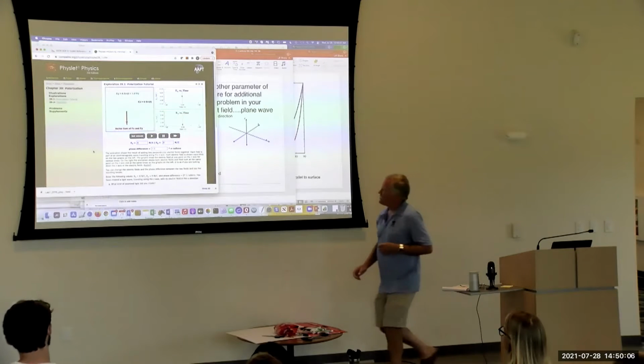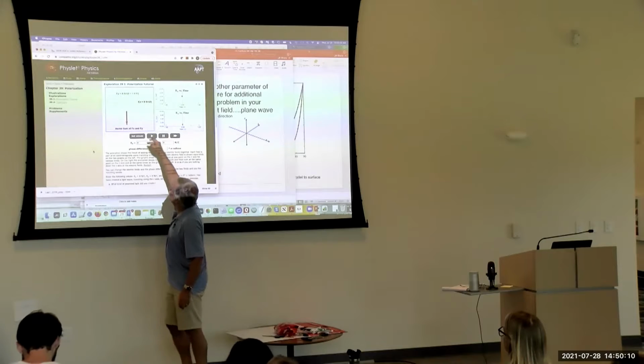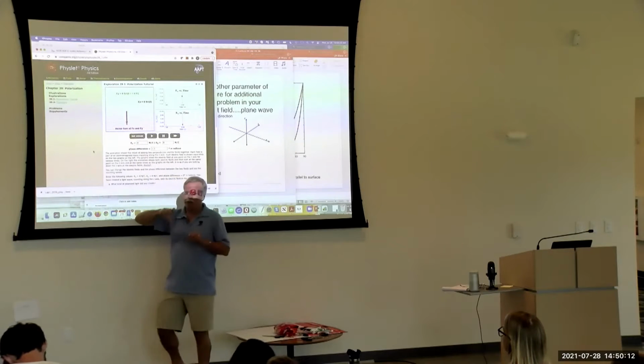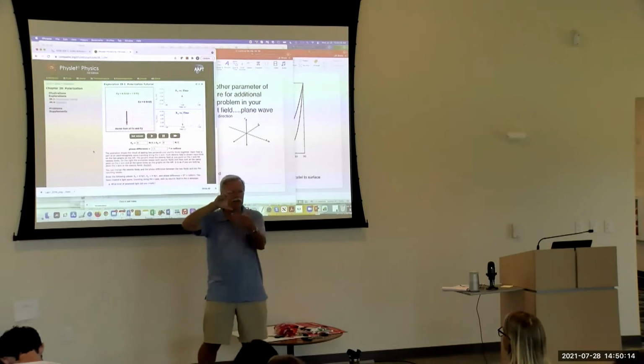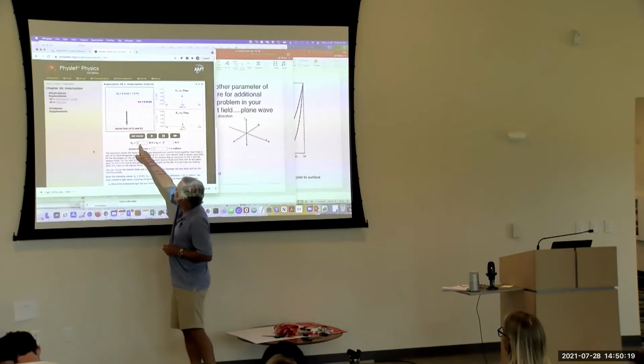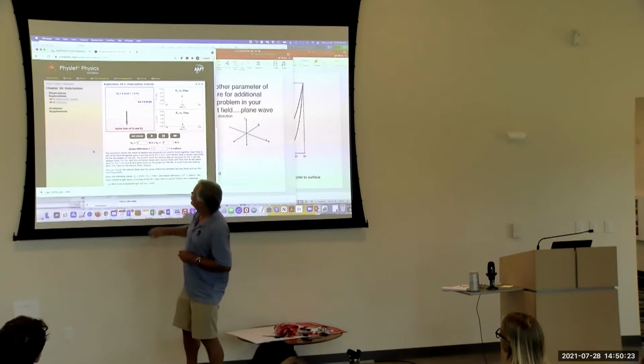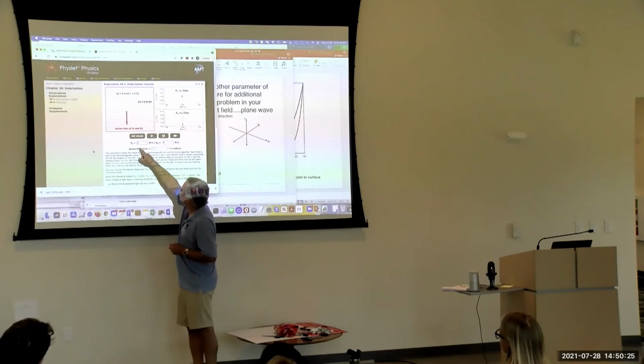So this will show you the effect of the vector sum of having an electric field along the x direction and an electric field along the y direction. Let's look at some examples. If you copy down this link, you can look at it yourself later for fun.